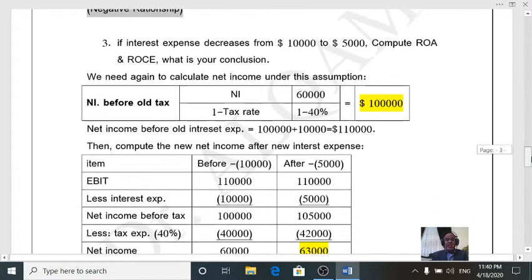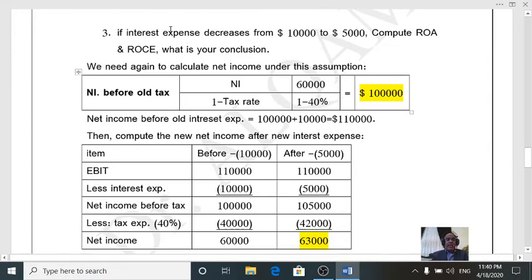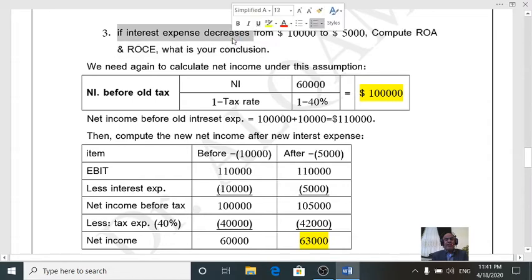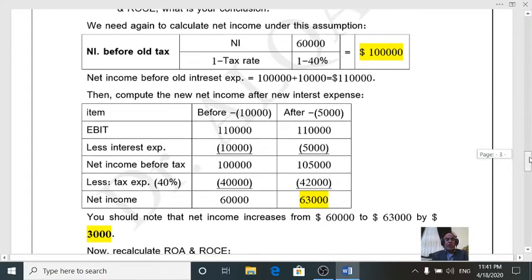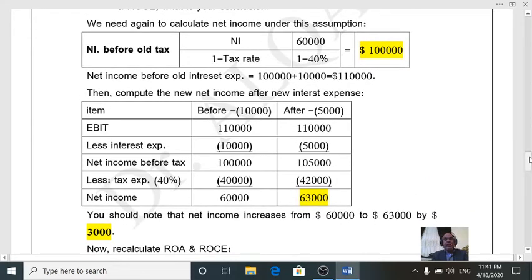In the third stage, we want to explain the effect of interest rate change. In this example, we assume that interest expense decreases from 10,000 to 5,000. Again, with the same procedure, we need to calculate net income before interest and tax.